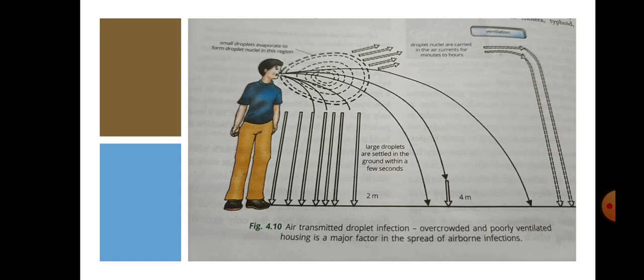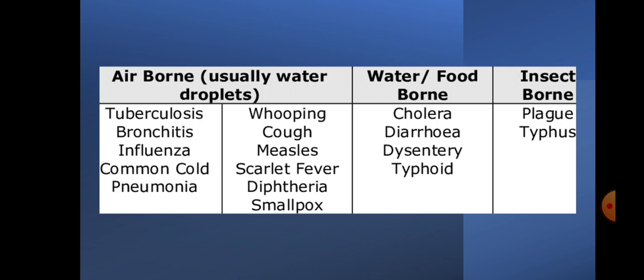Okay, understand? Next, contact with the soil contaminated with disease causing viruses, bacteria, etc. The bacterium responsible for tetanus, Clostridium tetani, enters the human body from the soil. Next, animal bite.